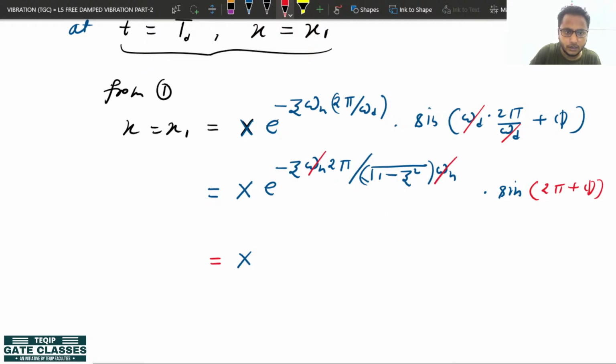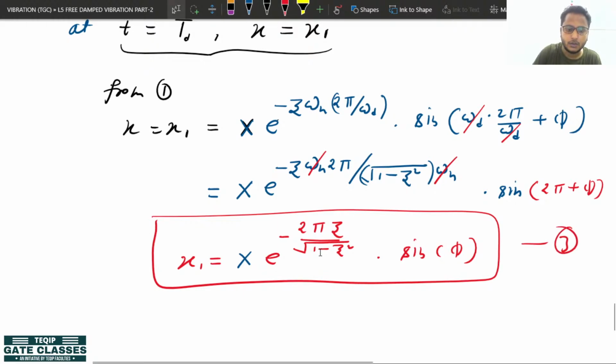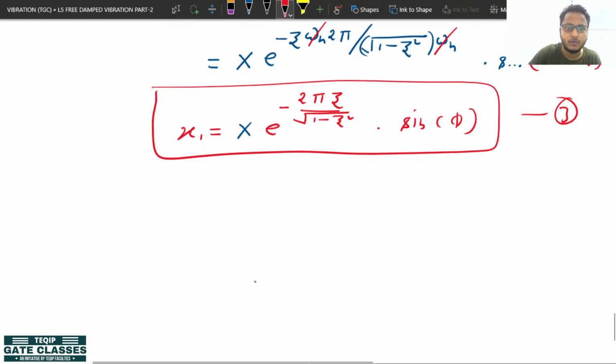So x1 can be written as capital X exponential to the power minus 2 pi zeta divided by root of 1 minus zeta square, multiplied by sine phi, because we know that sine of 2 pi plus phi is sine phi. So this is equation number 3.